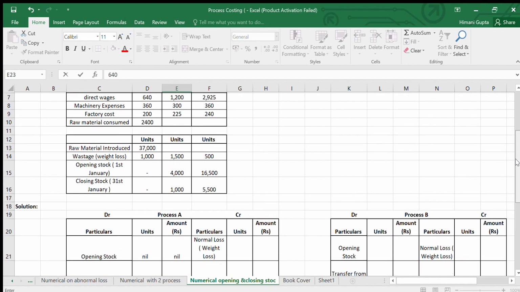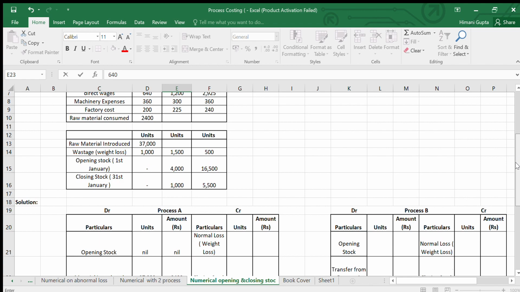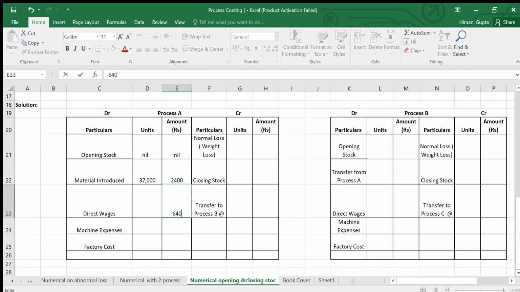Your machine expenses are 360. Factory cost is 200. If we are going to total this, it's coming to be 37,000 units and your amount is coming to be 3,600.